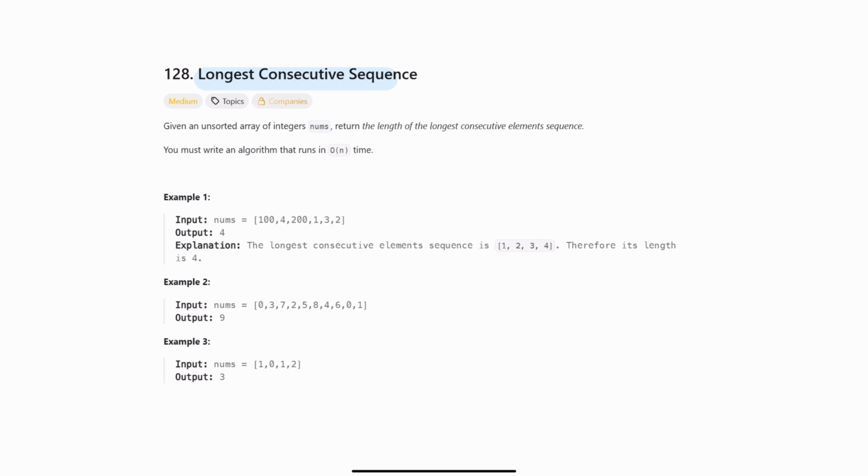So it should be order of n. What does this mean? Order of n means the given array we can iterate only once. That means n is the number of elements and we can iterate only once. With that one-time iteration, you should find the consecutive sequence numbers. This is all about the problem.